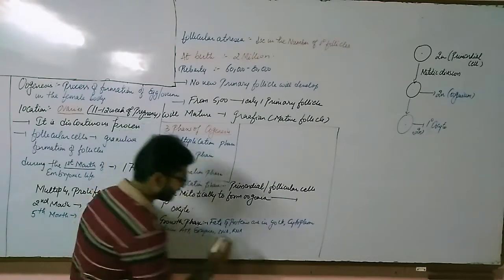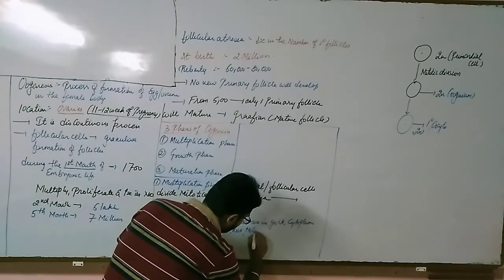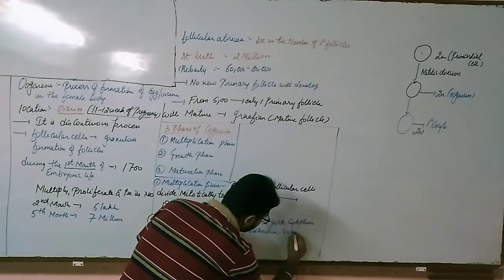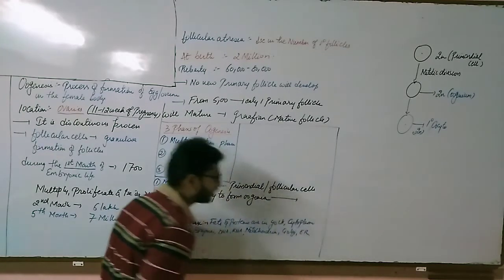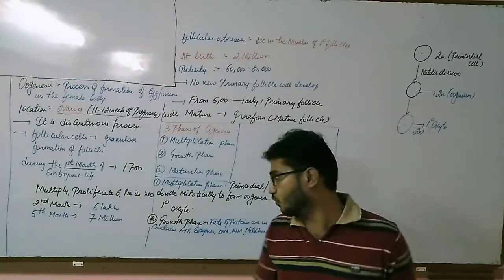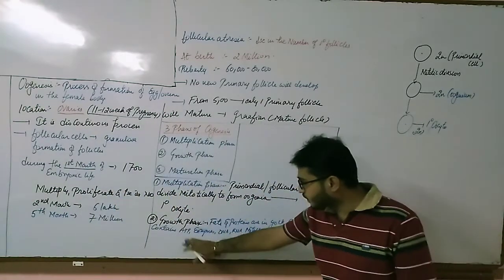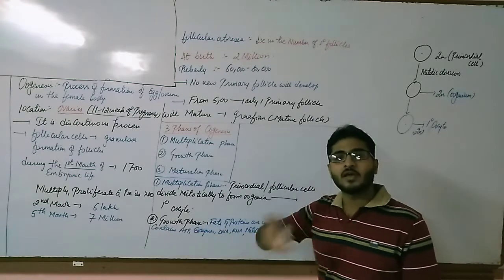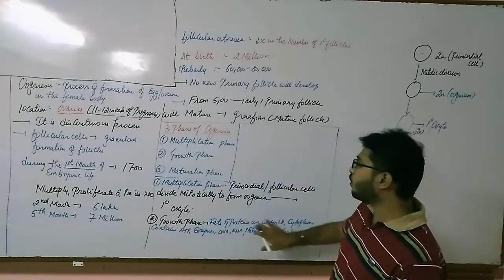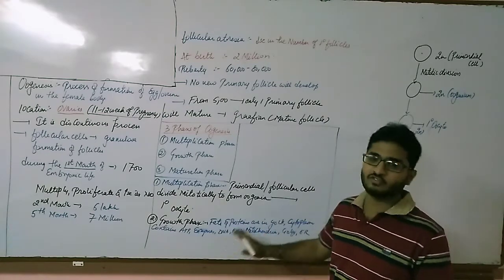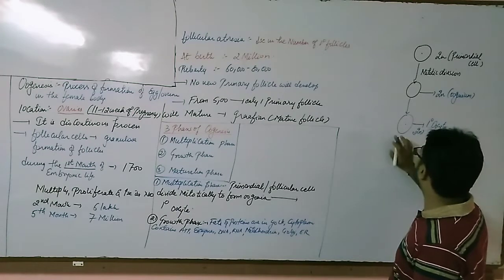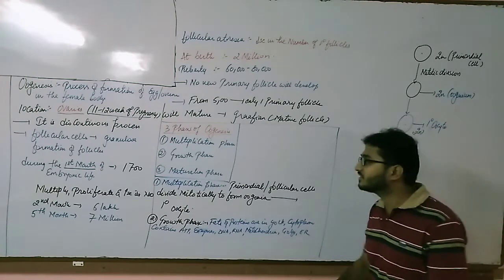Other cellular organelles like mitochondria as well as Golgi body and endoplasmic reticulum also develop within the primary oocyte. So just in conclusion, in the growth phase, the primary oocyte undergoes only growth by accumulating all this nutritive material within itself, and the size of the primary oocyte increases.